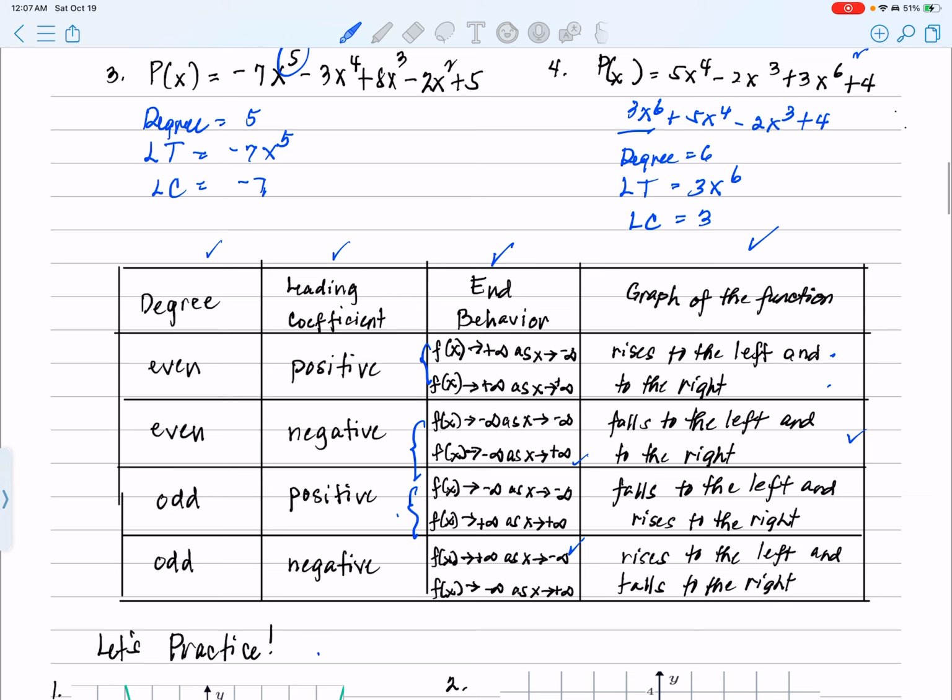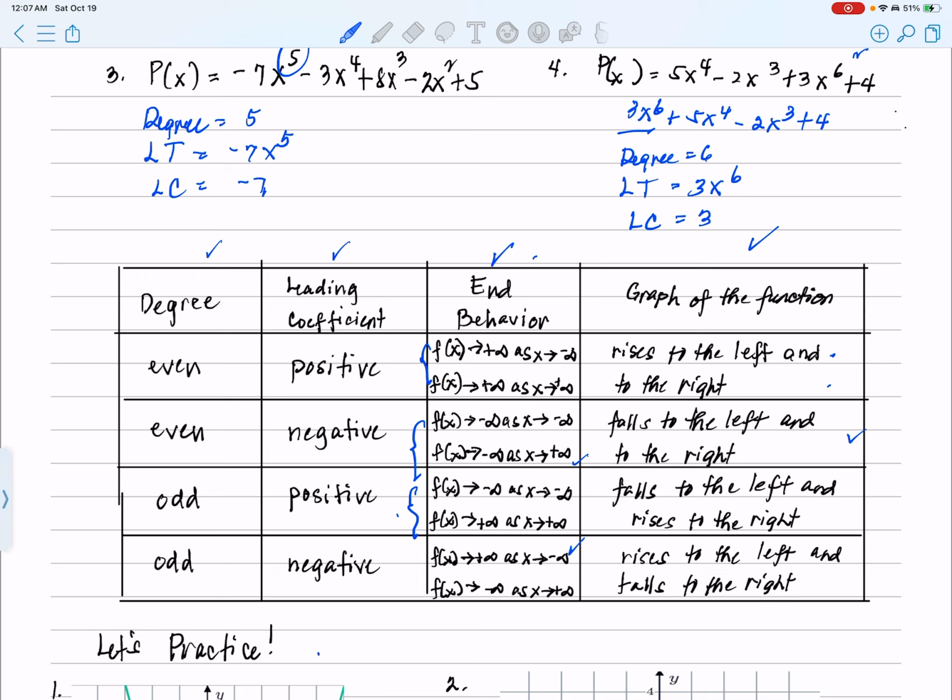So the degree and leading coefficient together determine the end behavior of the polynomial function, how the function behaves as the input value approaches positive or negative infinity. We remember that.